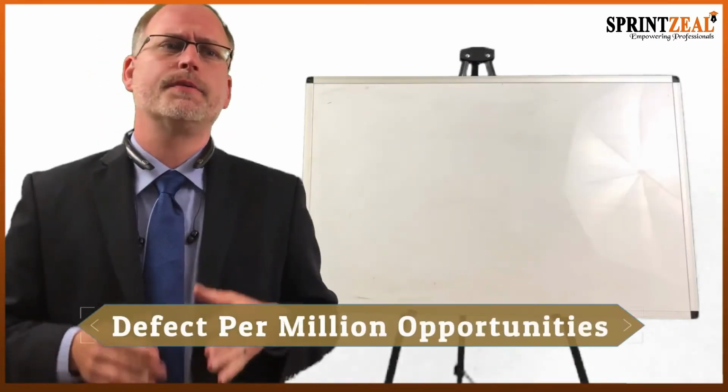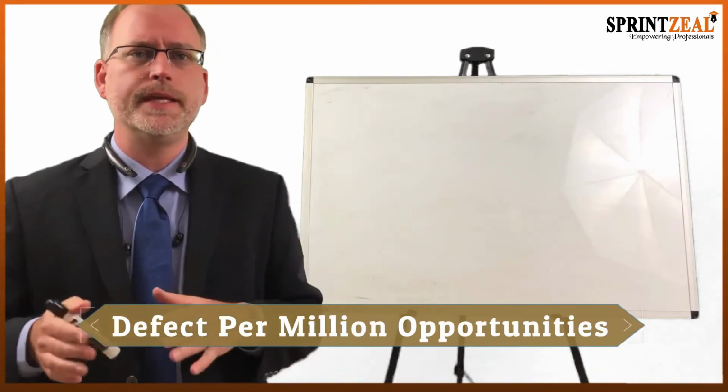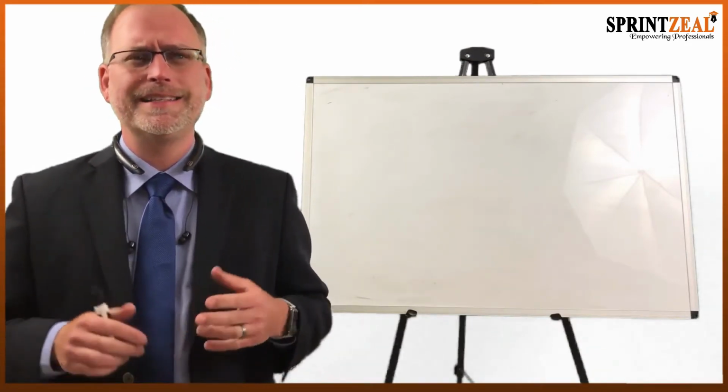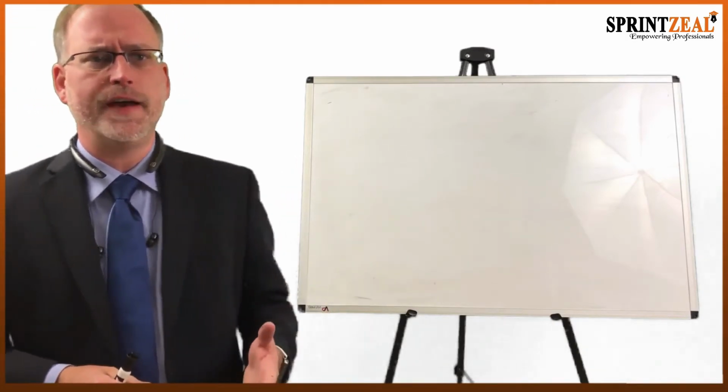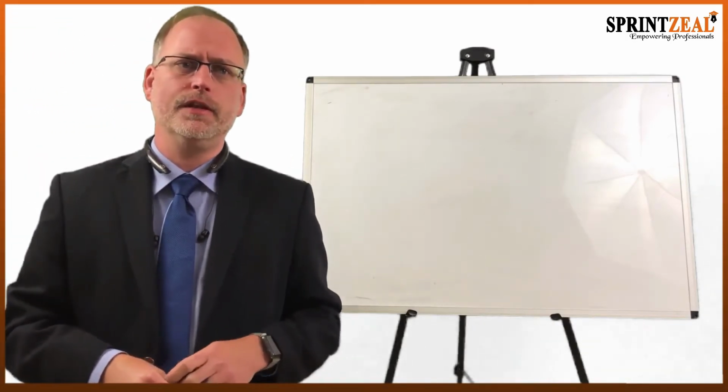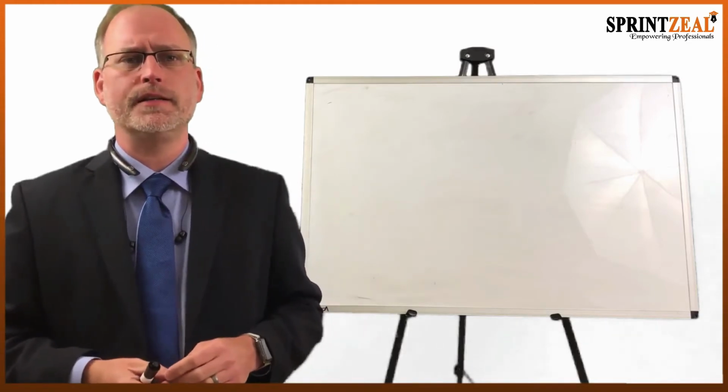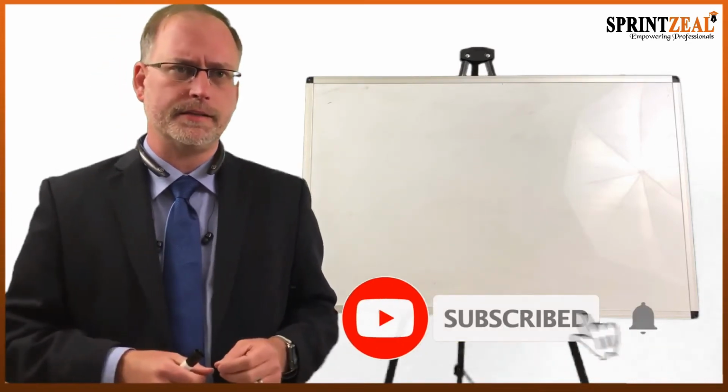Now, defects per million opportunities, or DPMO, is a measure of process performance. It standardizes the number of defects at the opportunity level and allows comparison of the processes with different complexities.